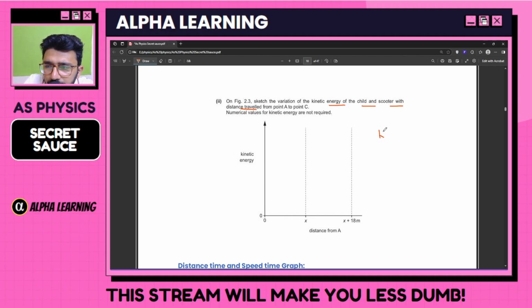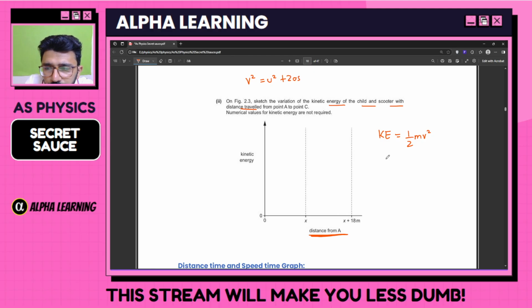First of all, can you realize kinetic energy is equals to what? 1 upon 2 mv square. Now you don't have to plot a graph of kinetic energy versus velocity. You have to plot a graph of kinetic energy versus distance. What will you do? You will say velocity final square is equals to the initial velocity square plus 2as.